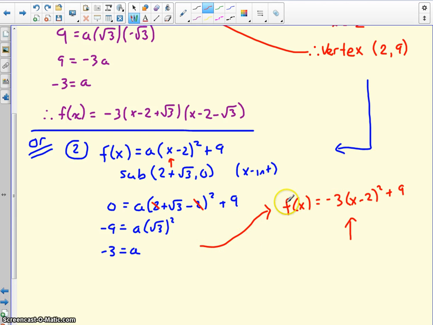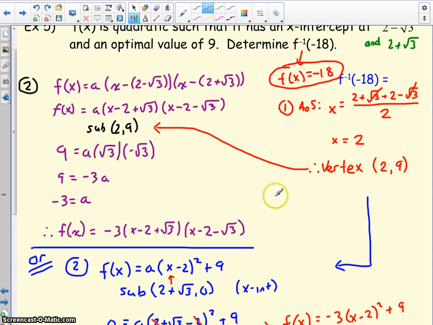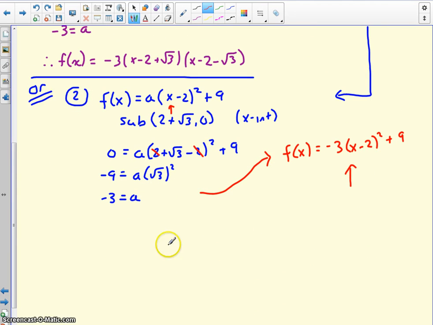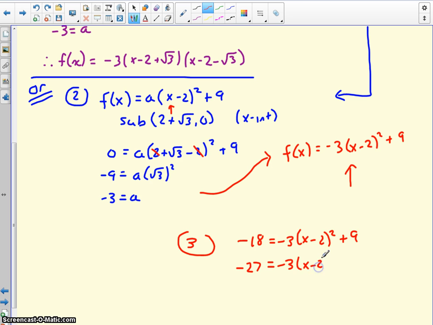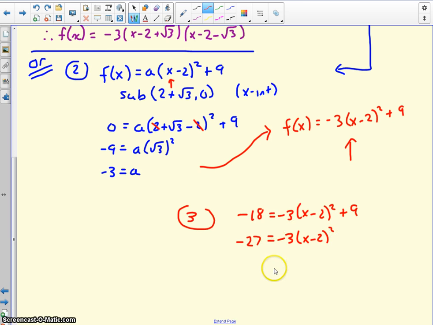So I'm going to do the vertex form approach here. So we'll put in negative 18 for y. So it'll be step 3. Okay, so bring the 9 over, I get negative 27. Divide both sides of the equation by negative 3, I get 9.